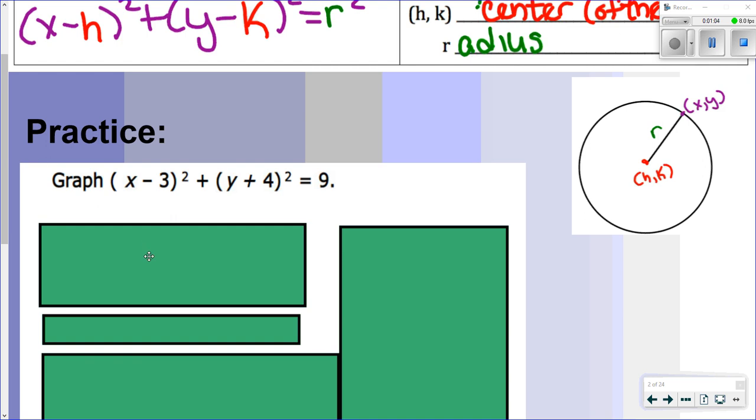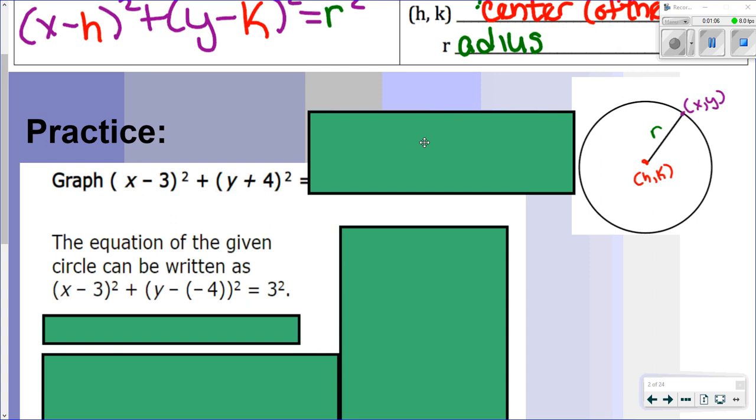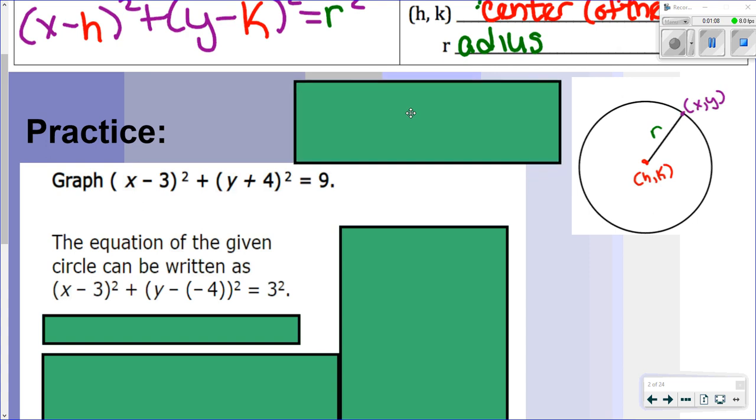So for this one, basically the equation of the given circle can be written as this. Remember when I did that change, because the standard form is negative between the x and the h and the y and the k, this has to be negative. This is the same as this. So once you have that, then you can determine your center and your radius.